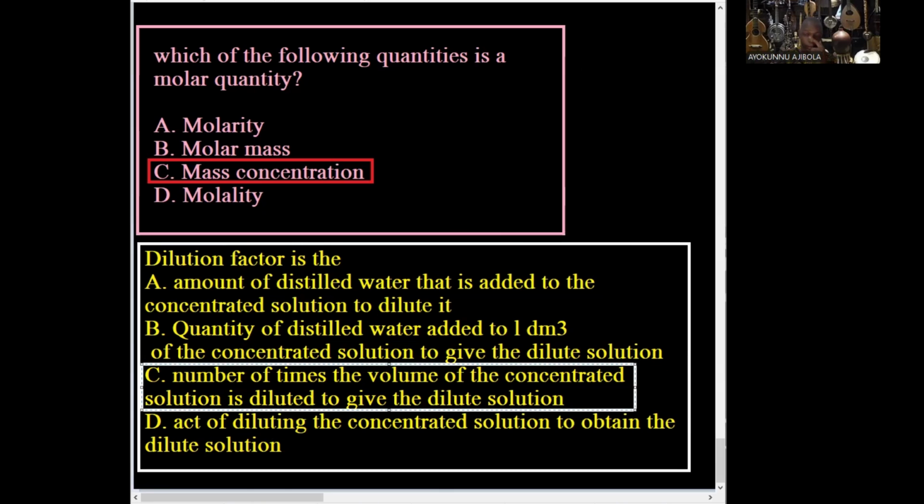Dilution factor is the factor by which the stock solution is diluted. So it may be expressed as the ratio of the volume of the final diluted solution V2 to the initial volume removed from the stock solution V1.